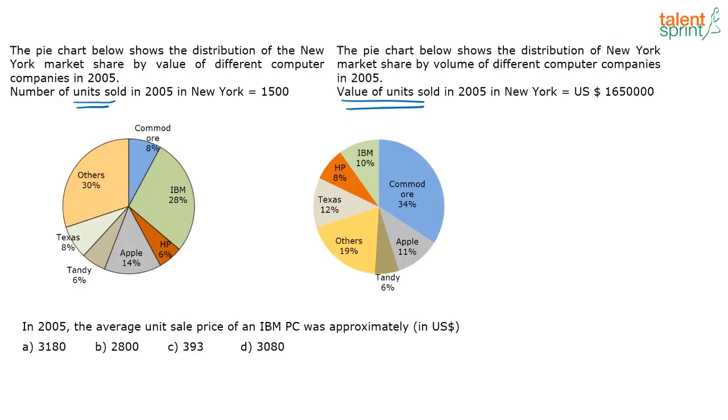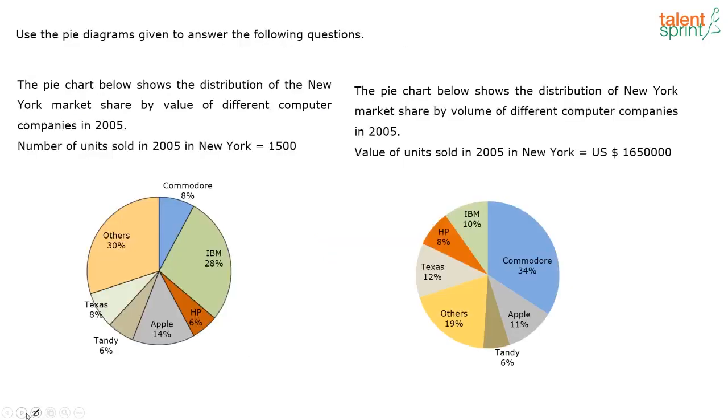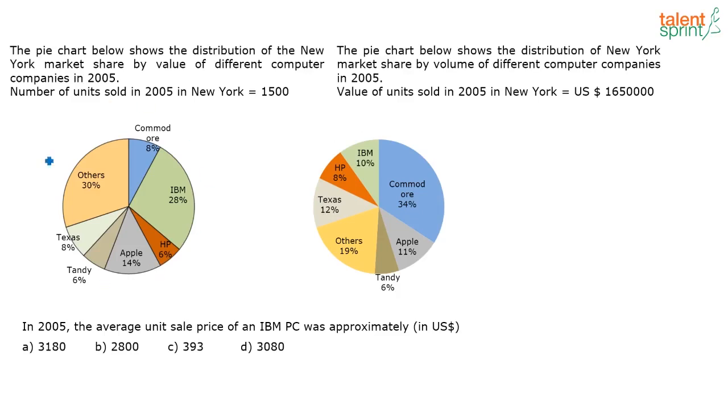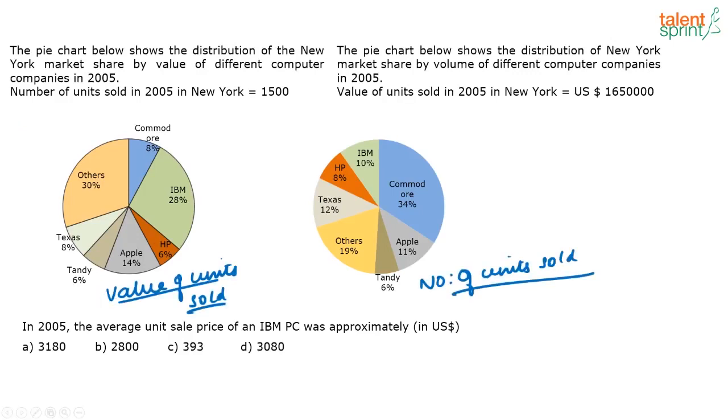Before you start solving this question, let me give you one extra piece of information. This information they have not mentioned in the graph, because otherwise it will not be clear which graph represents what.